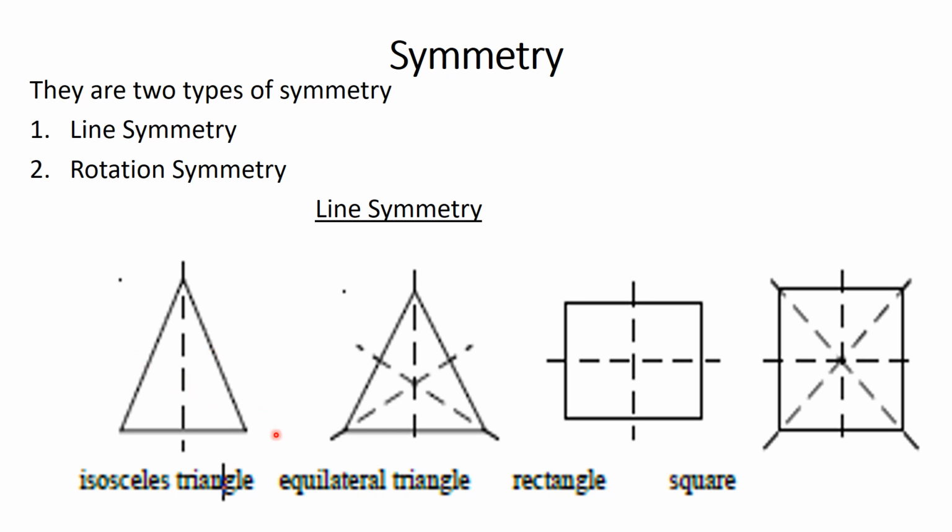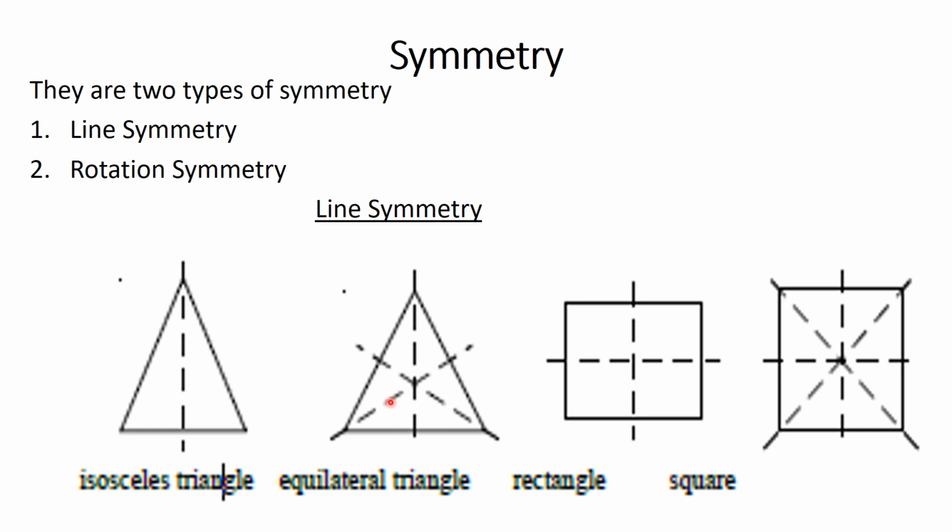The next shape is the equilateral triangle. An equilateral triangle is a triangle that has all the angles equal and all the sides equal. So for an equilateral triangle, it has three lines of symmetry. You can divide it here, just like an isosceles triangle.